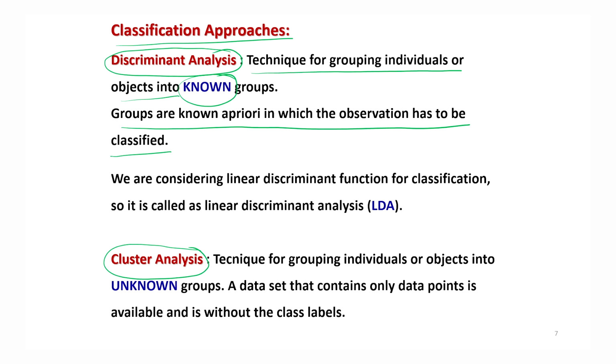And you will see that when we do the statistical analysis, we are going to find the linear discriminant function for classification. There can be a non-linear discriminant function also, but we are going to consider here only the linear discriminant function. That is why it is called linear discriminant analysis, or popularly LDA.